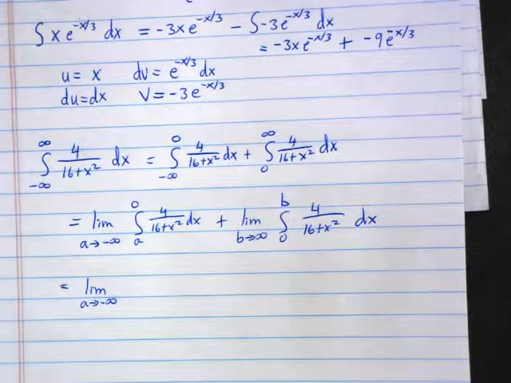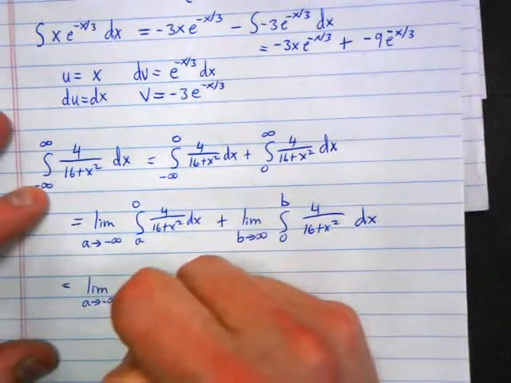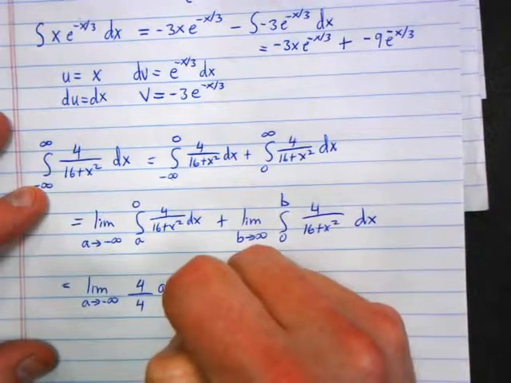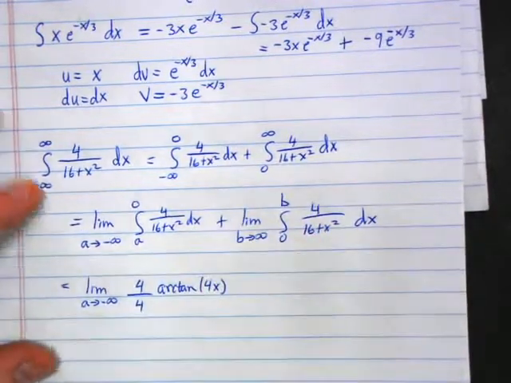What's the antiderivative of 4 over 16 plus x squared? Arctangent of, 4 times 1 over 4 arctangent of 4x.